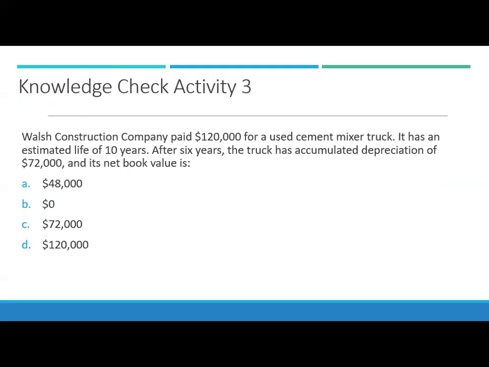So let's just assume that Walsh Construction Company paid $120,000 for a used cement truck. It has an estimated life of 10 years and is depreciated straight line, and after 6 years, the truck has accumulated depreciation of $72,000. So what is the net book value of this cement truck?